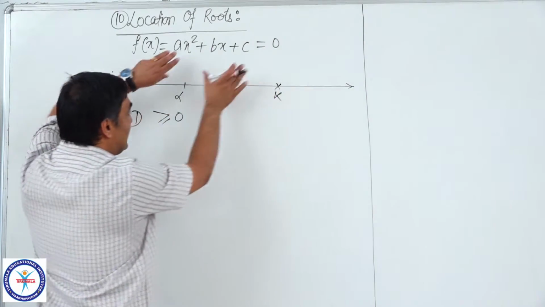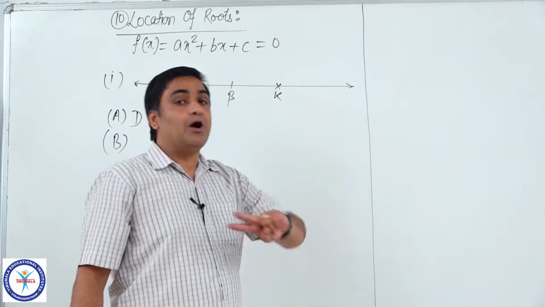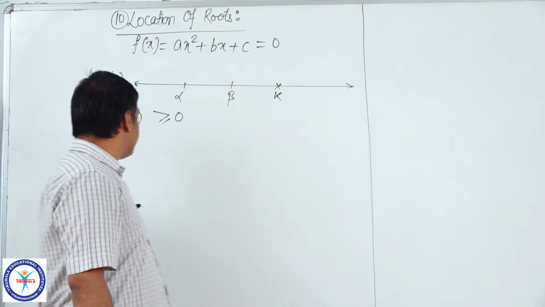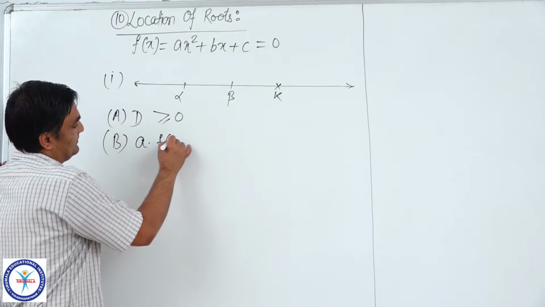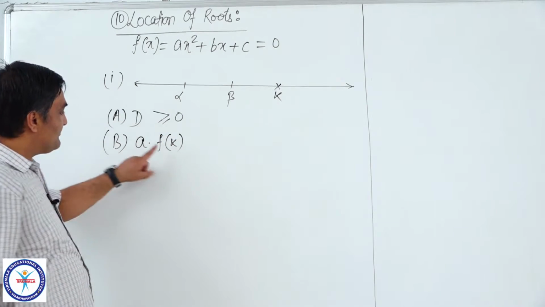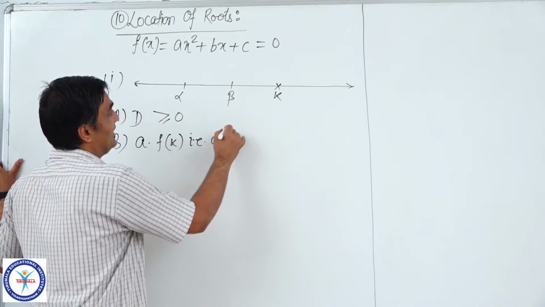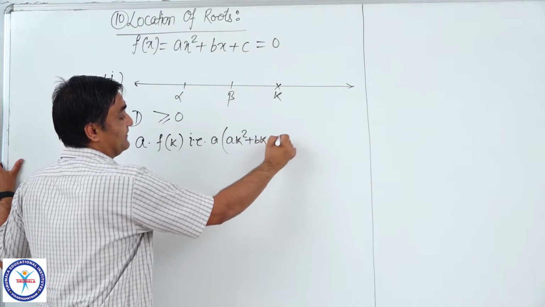In between the roots, the sign of quadratic expression is opposite to the sign of coefficient of x square. So f of k, that is a into ak square plus bk plus c.